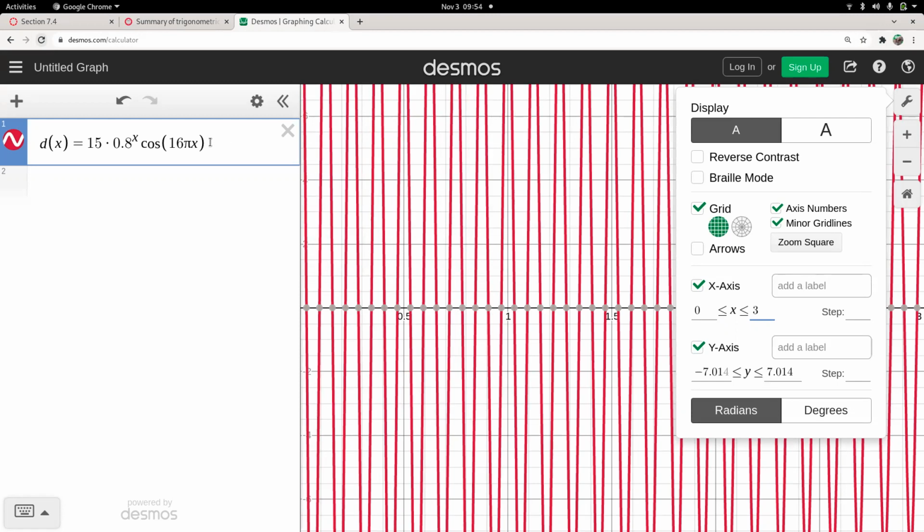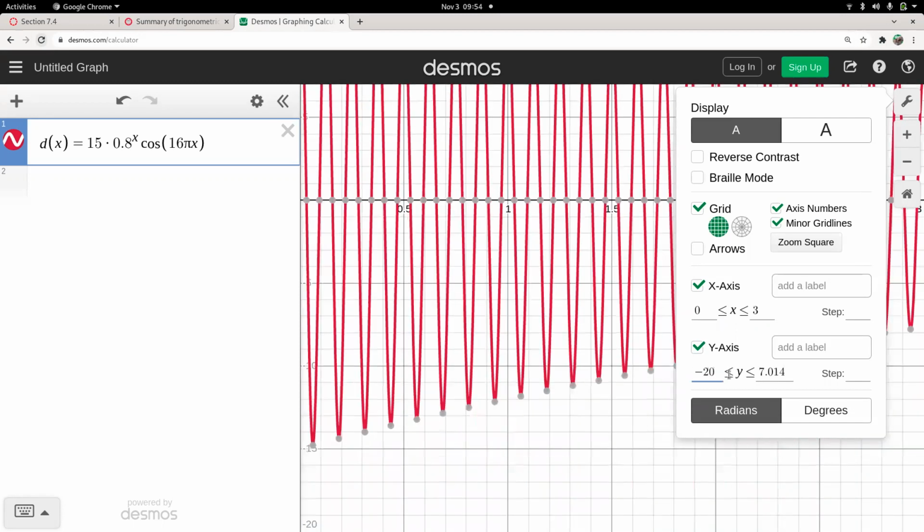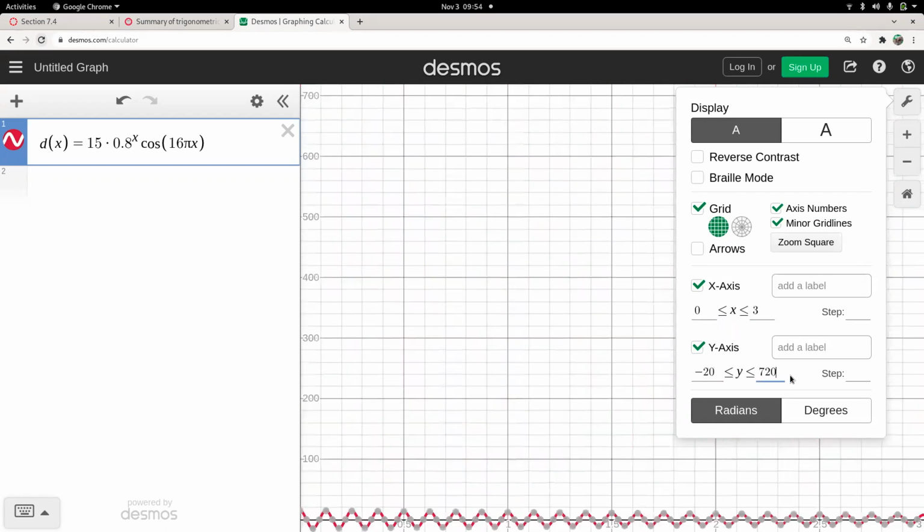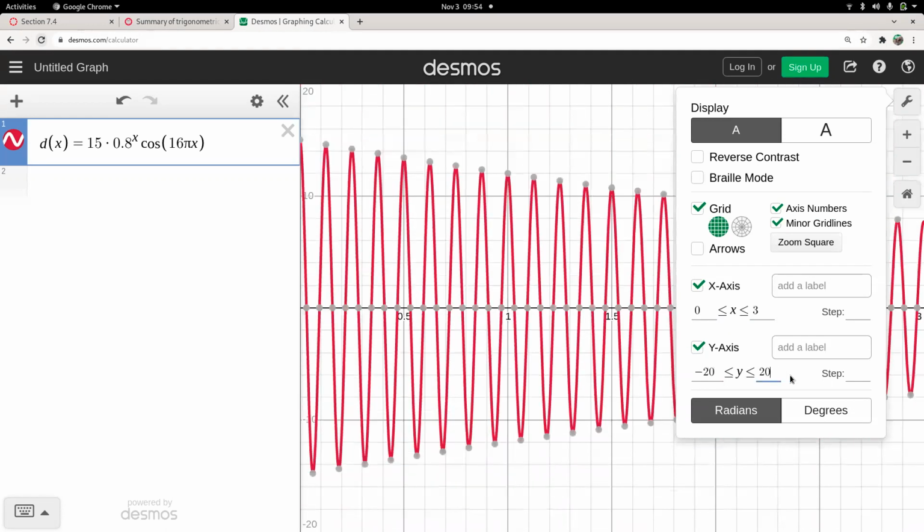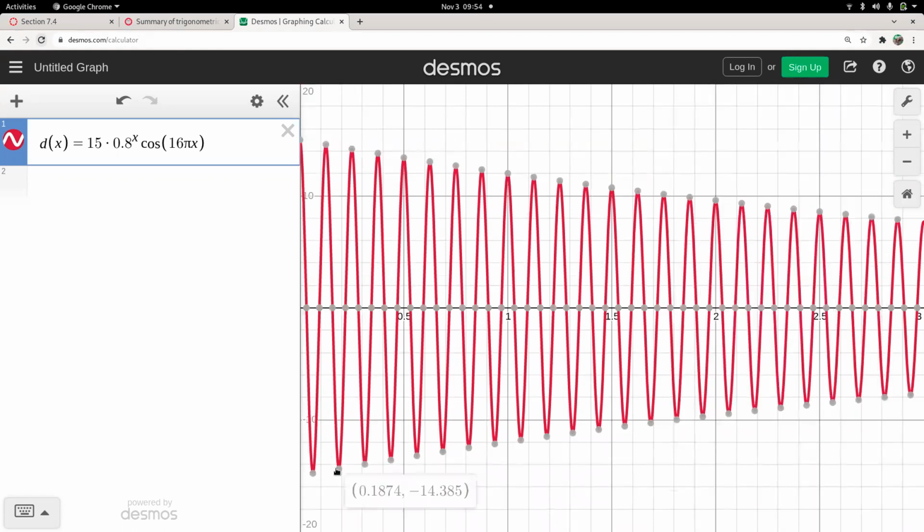And then remember, it has a max pull of 15. So maybe if we go like negative 20 to 20, oops, not 720, 20. Yeah, so here we can see that damped oscillation. So it's oscillating 8 times per second. Is that true?